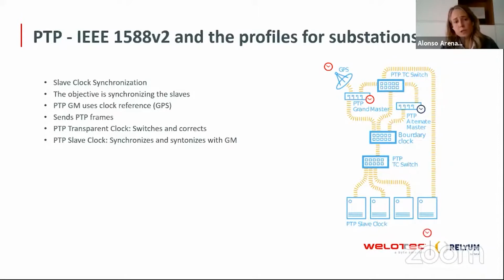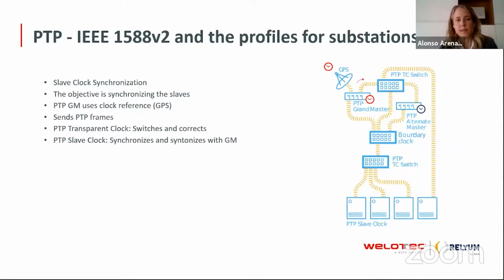When this PTP supervision frame is received by a switch, this switch has to apply a transparent clock and correct the reference before sending again the PTP supervision frame to the other links of the network. And finally, the slave, the end equipment that has to synchronize with this time reference, implements the slave clock mechanism for getting this time reference and synchronizing its CPU with the network reference.